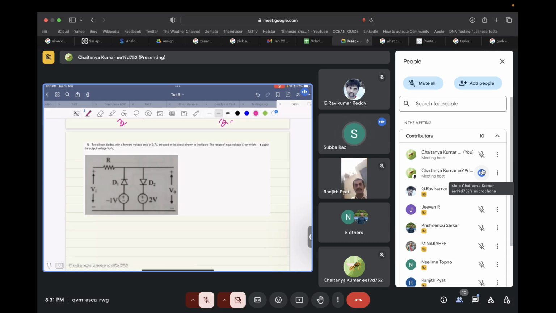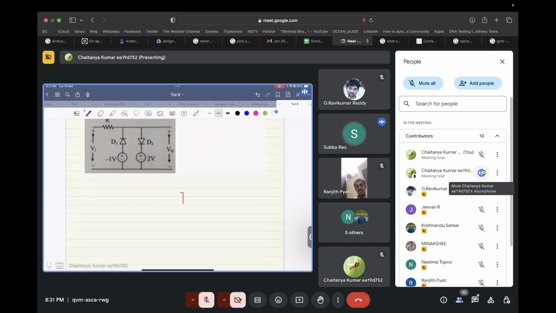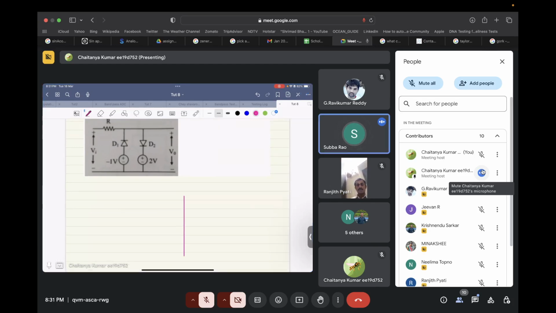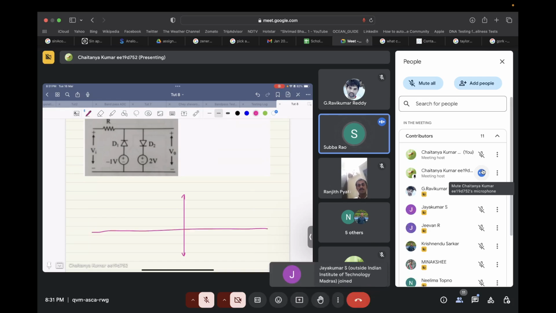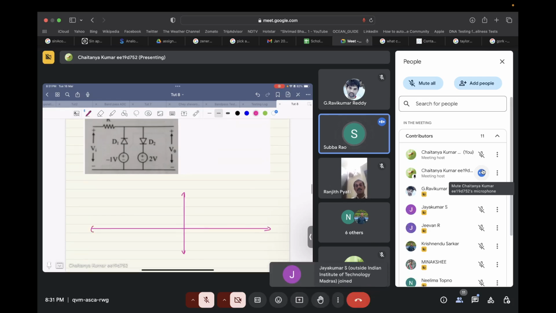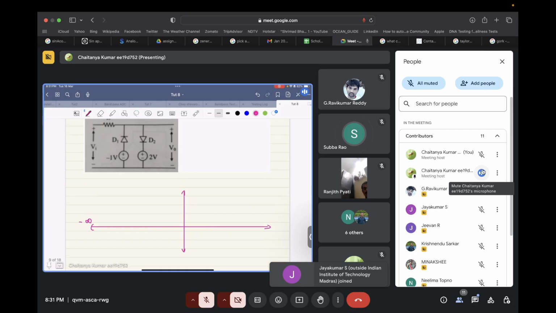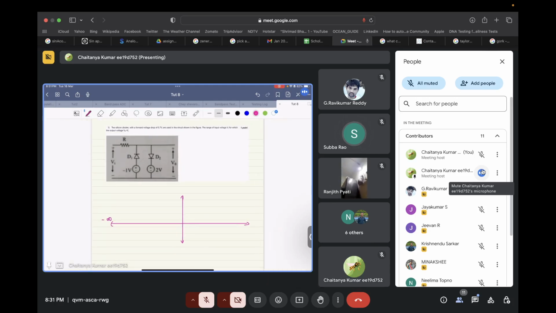I have to draw the transfer function over here, right? So if I assume my input to be minus infinity, which of the two diodes will be conducting? D1 will conduct, right?